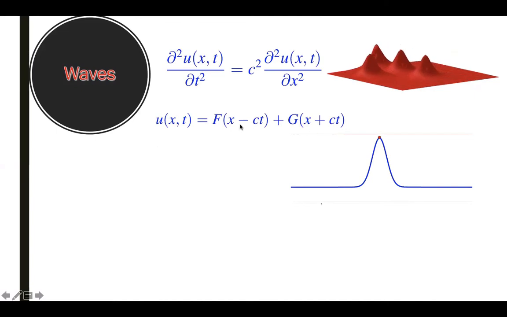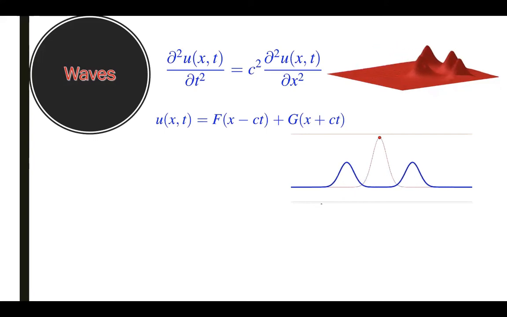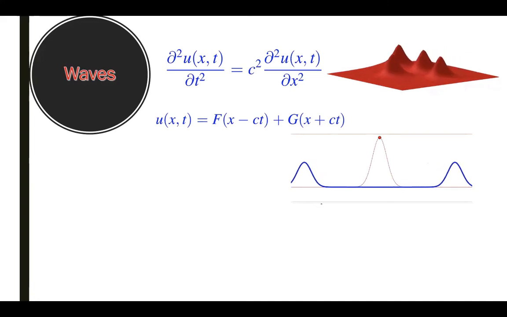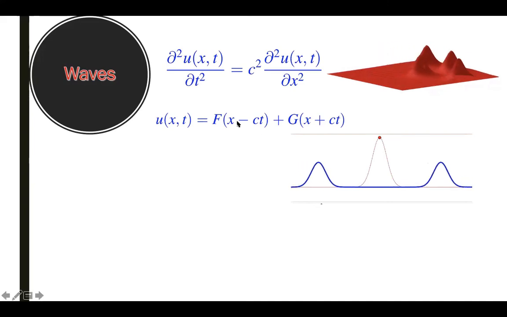If you throw something in the water, first you get an initial profile, which is created when the energy enters the water. But as you let time go, this profile breaks into two pieces, and these two waves travel in opposite directions, and that's what the solution tells us.